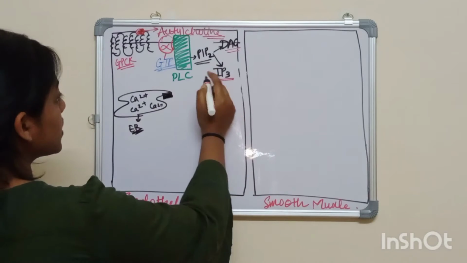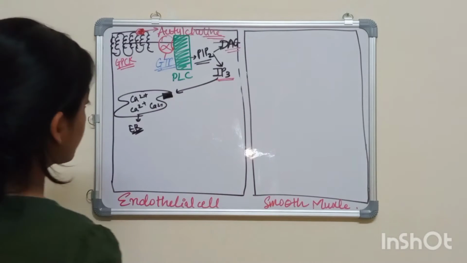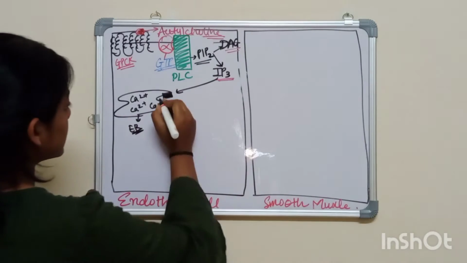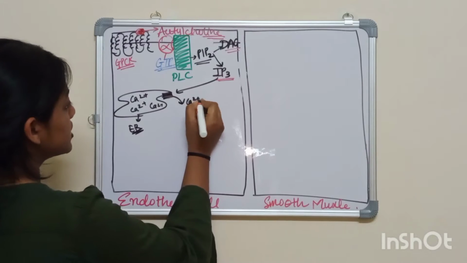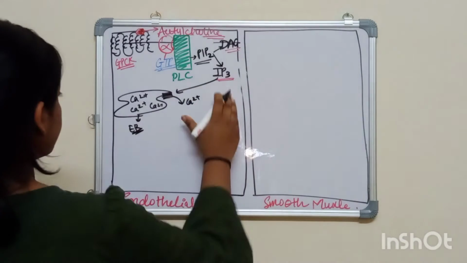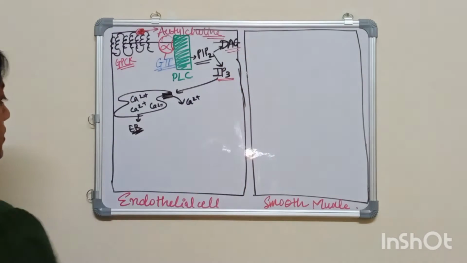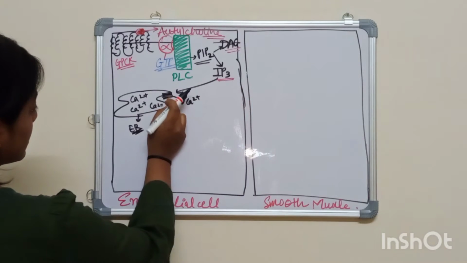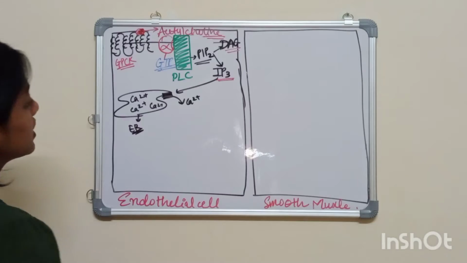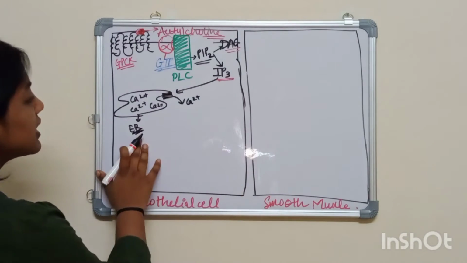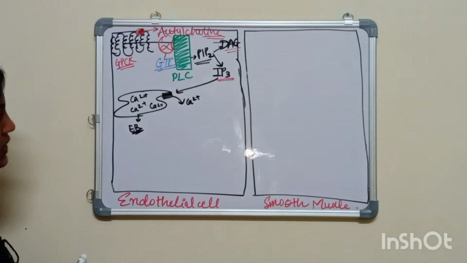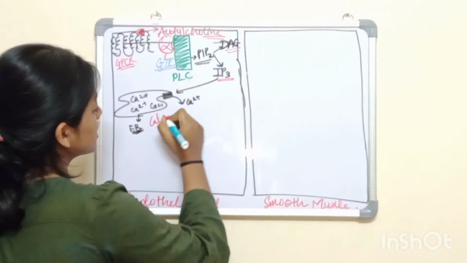When IP3 binds to this channel, the channel opens and it causes release of calcium 2 plus into the cytosol. Now calcium binds with calmodulin.